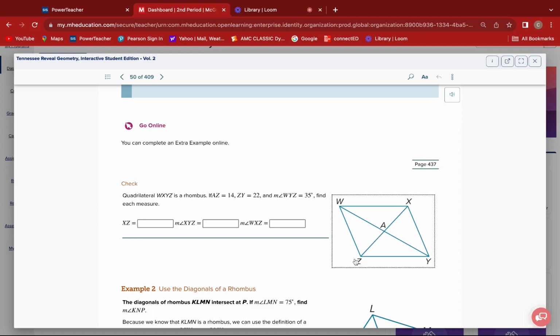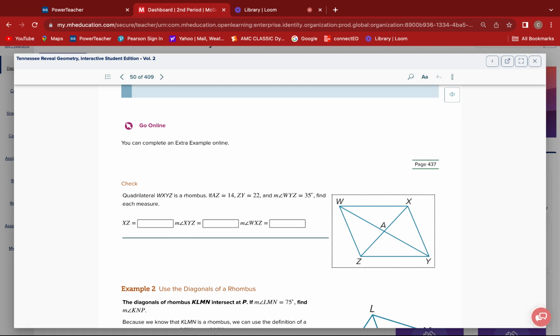So this right here from A to Z is 14. Y to Z is 22. WYZ, this angle is 35, which means the angle beside it is 35 because angle Y has been bisected. And we got to find each measure.